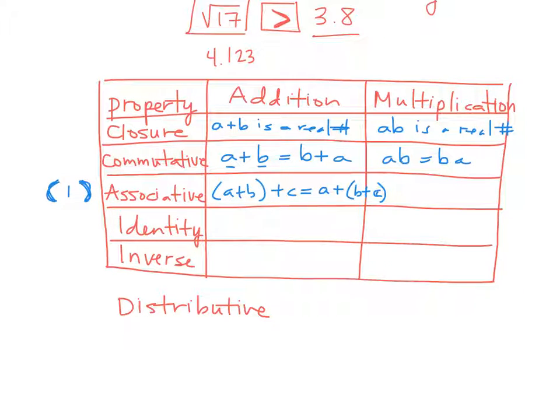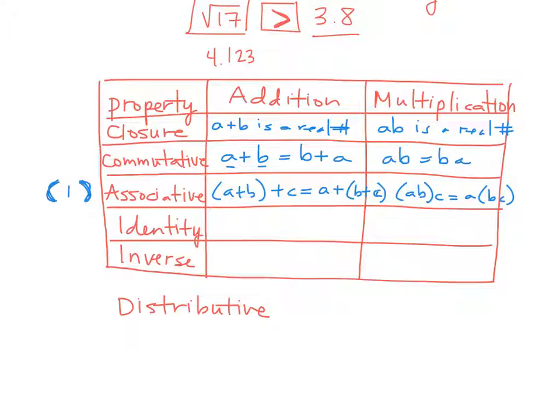It's the associative property. You follow where I'm going with that? Okay. Same thing with multiplication: A times B times C is the same with the parentheses moved. Should have made a bigger chart, huh? Yeah, lessons learned.